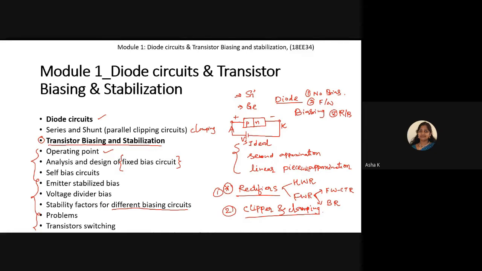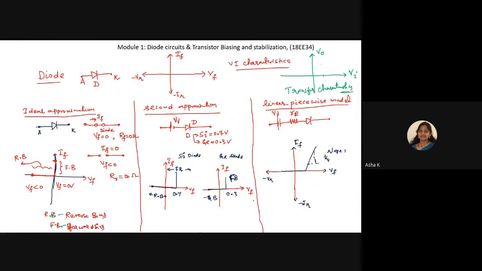In the previous semester you learned full wave rectifier with center tapped transformer and full wave rectifier with bridge circuit, also called the bridge rectifier. The other application of the diode is clipping and clamping circuits, which we just revised in the previous class.